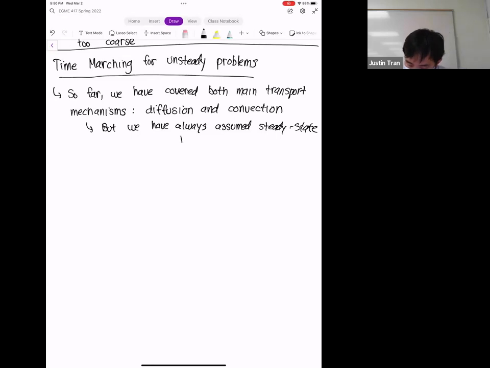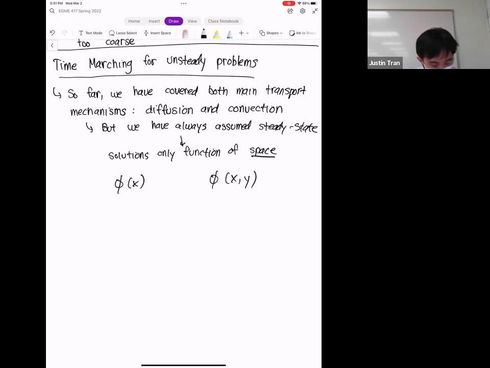And so the result of this assumption was essentially that all of our solutions were only functions of space. And so our solutions look like this, where in 1D we have phi as a function of x, or in 2D, we have phi as a function of x and y.